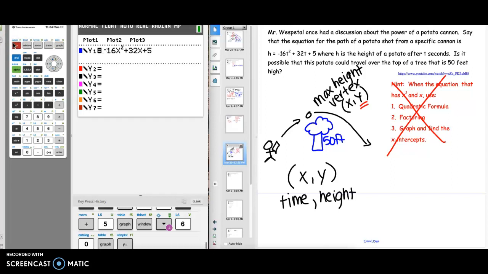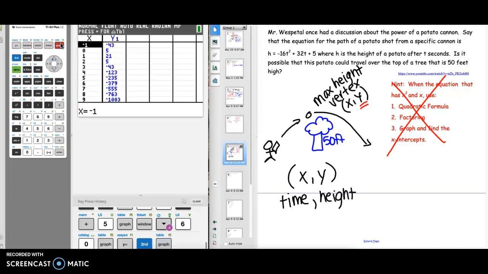121, so it's going to crash into that tree. So I got 121.